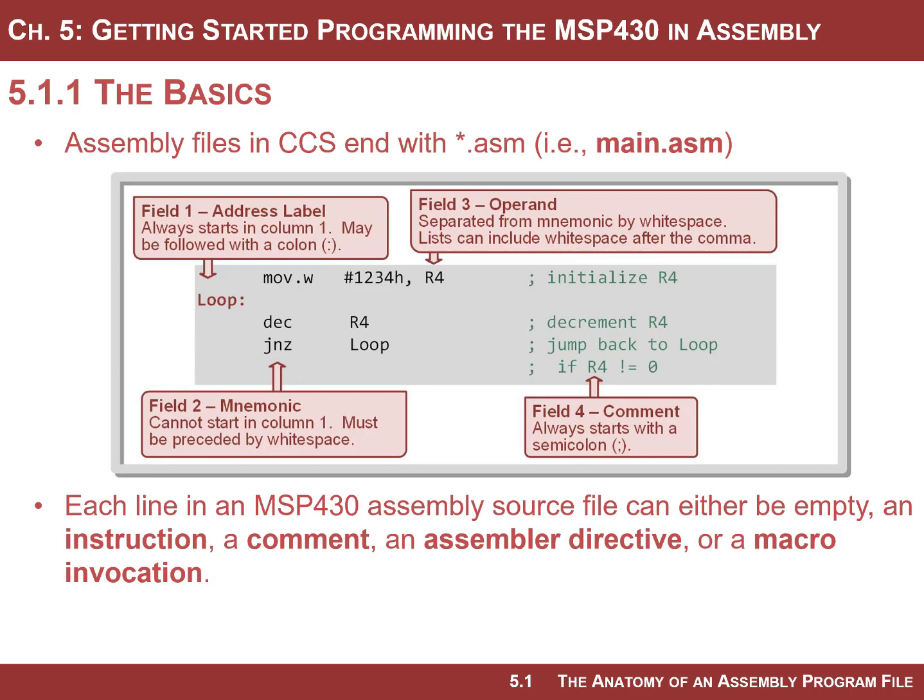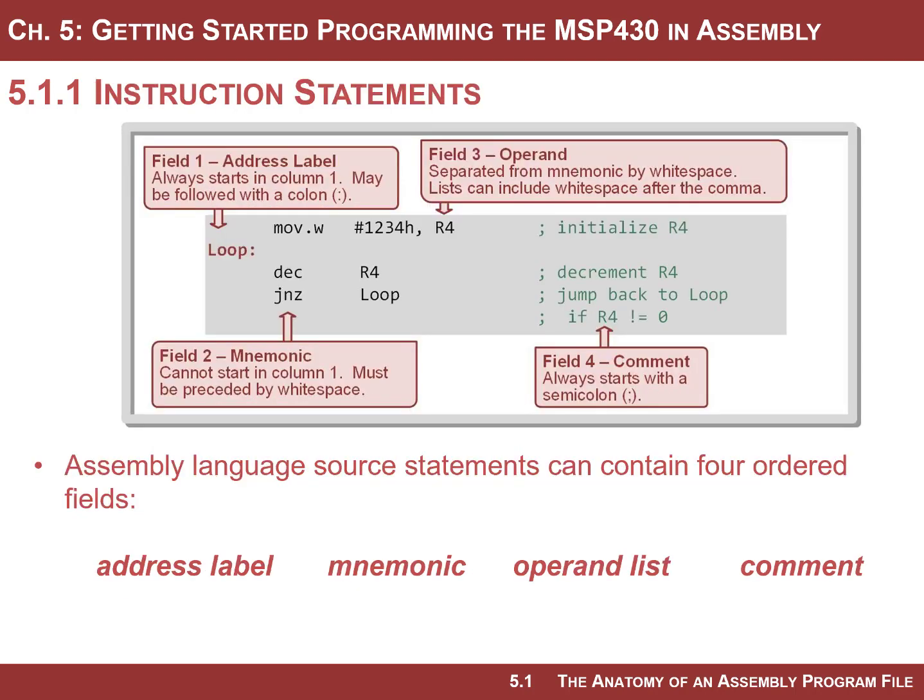Macro invocation is a little bit more advanced and something we won't get to. The terminology we use is we call a line that is not empty a statement. So what kind of statement are you typing out on this line? It's an instruction statement, or a comment statement, or an assembler directive statement. That's the terminology we use.